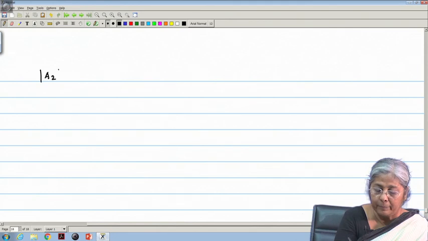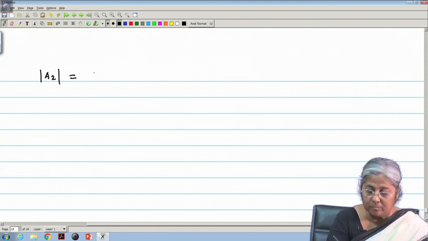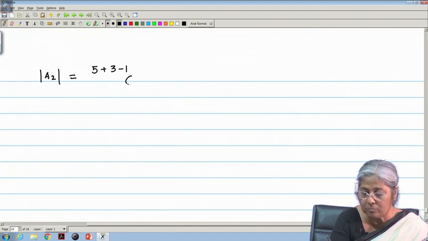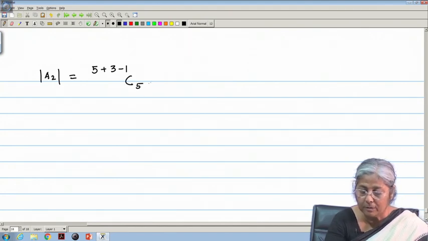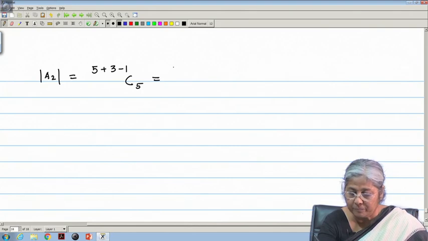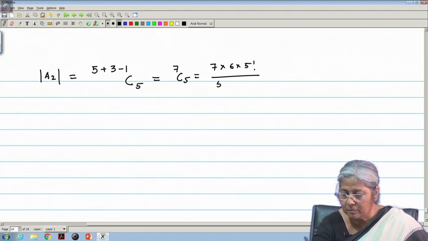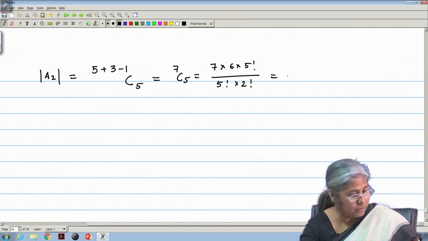Similarly, I can compute A2, which will be, because B appears more than 4 times, that means 5. So, it is 5 plus 3 minus 1 C5, and this value becomes 7 C5, which is 7 into 6 into 5 factorial divided by 5 factorial into 2 factorial, and this becomes 21.